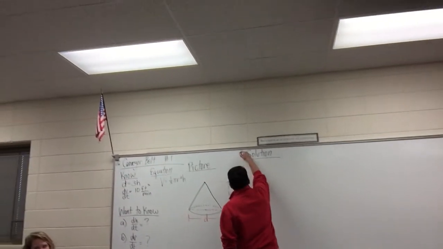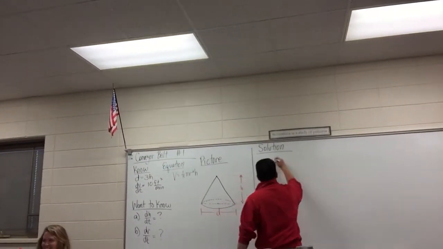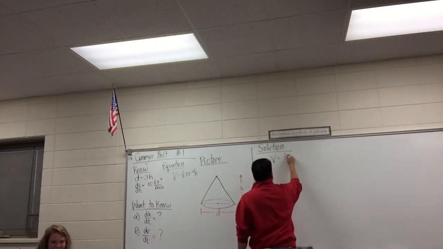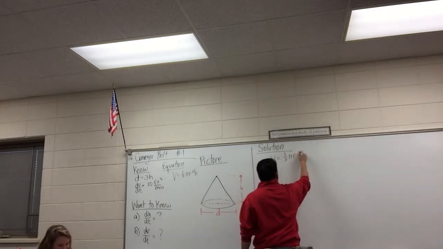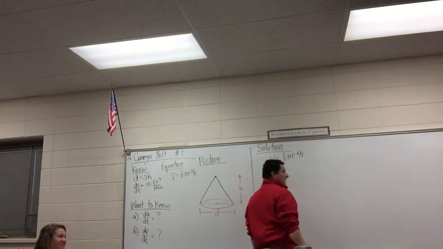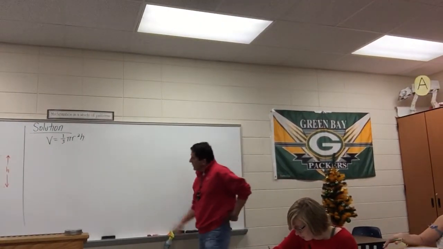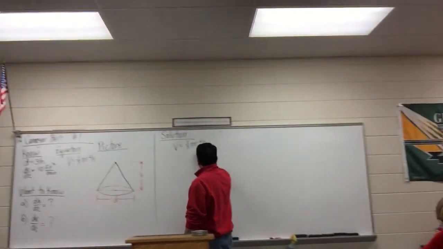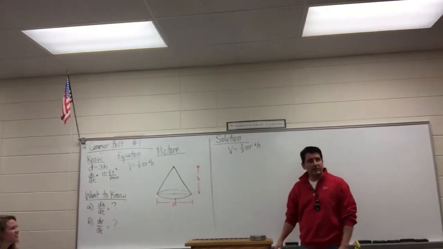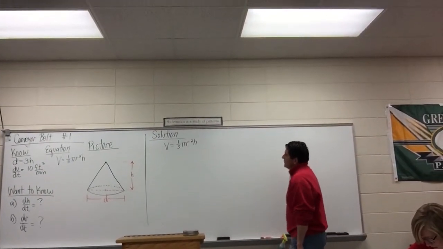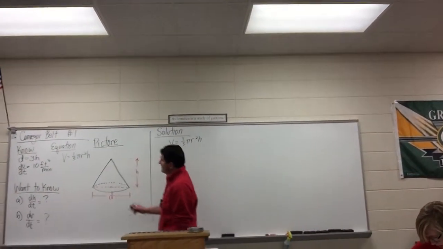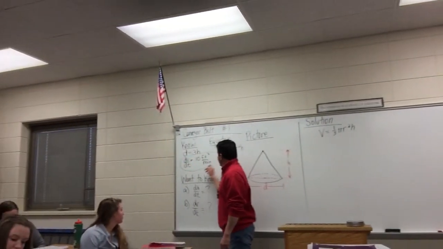Okay, here we go. So let's solve the problem. Volume is equal to 1/3 pi r squared h. I'll show you the natural way that we would approach it and we're going to watch what happens. So obviously over here we have dV/dt.